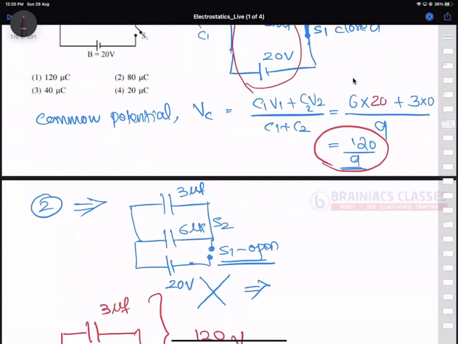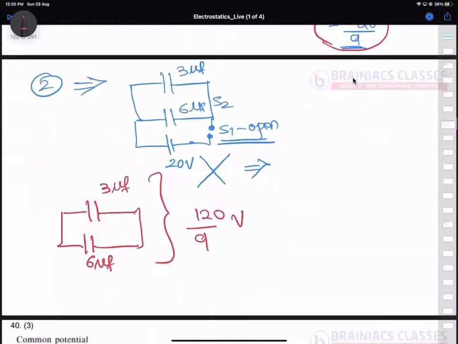Here we are representing what is called the common voltage. A common voltage is derived because of the circuit. In this circuit S1 is closed and S2 is open. So the common voltage in the circuit is 120 divided by 9. What is the meaning of this? 120 divided by 9 voltage is available for the 3 microfarad capacitor, and 120 divided by 9 voltage is available for the 6 microfarad capacitor.